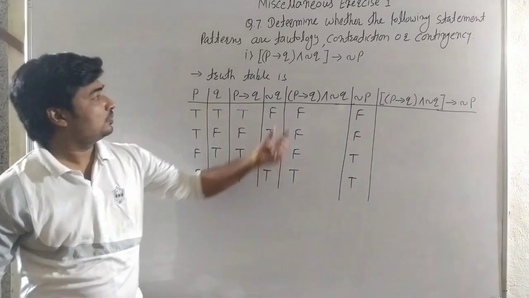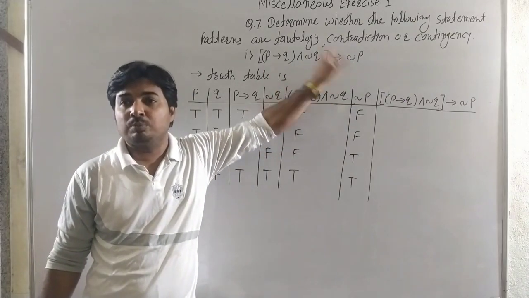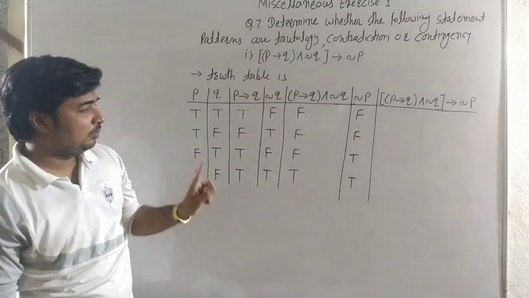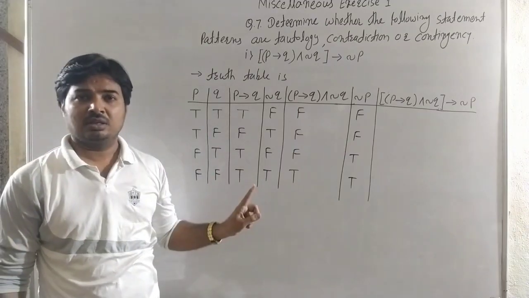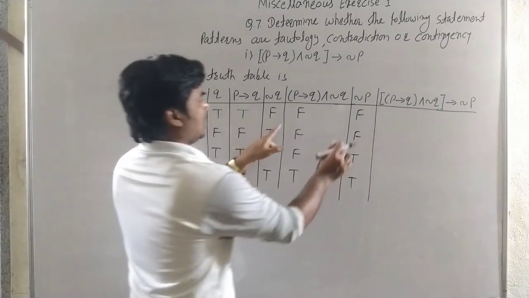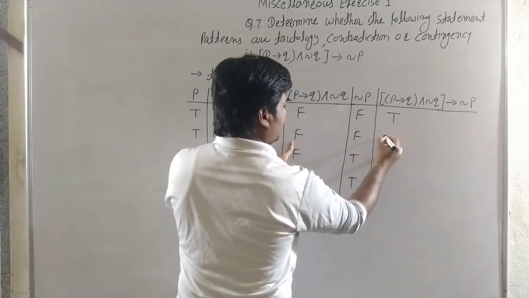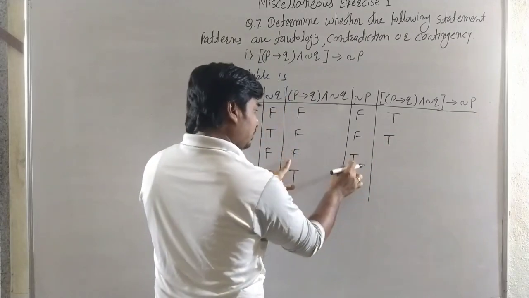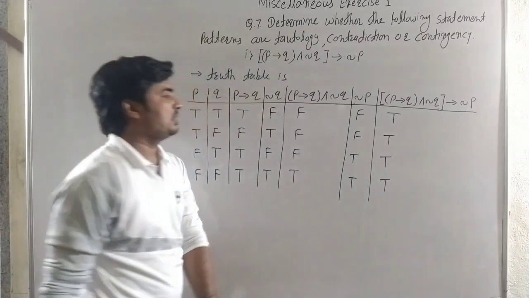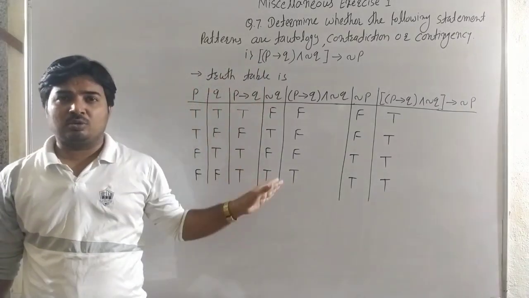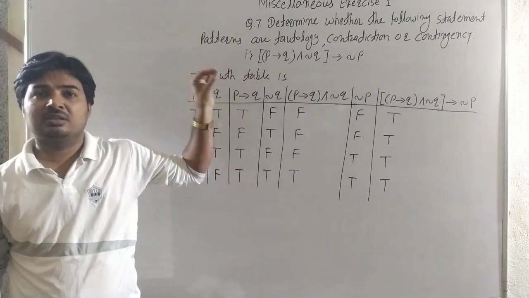And now last, P implies Q and negation Q implies negation P. Okay, in the implication, if the first is true and the second is false, it is false, otherwise true. That means false implies false, true. False implies false, it is true. False implies true, it is true. And true implies true, it is again true. That means all truth values in the last column are true, and the statement pattern is a tautology.